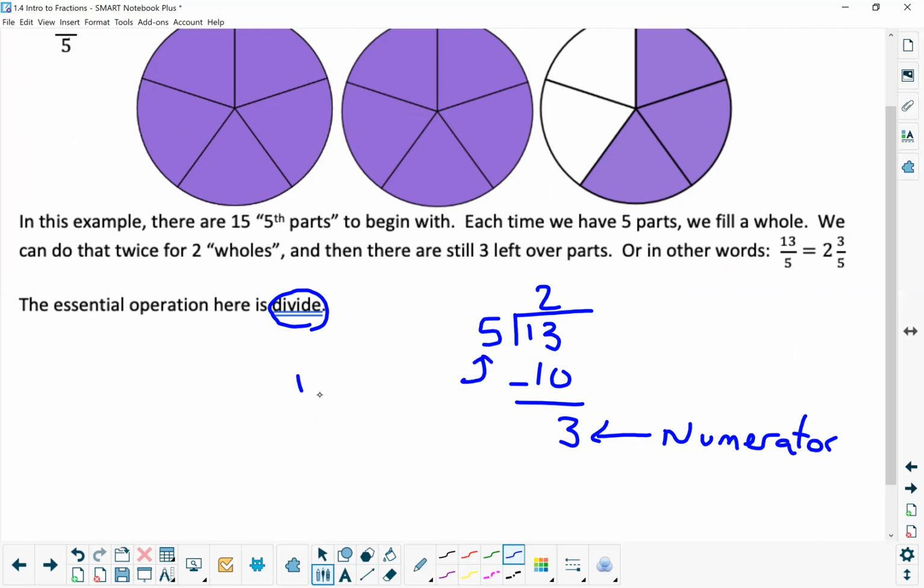This is our denominator. And this is our whole number part. 2 3/5. It's just another way of thinking about a remainder, writing it as a fraction of the whole.